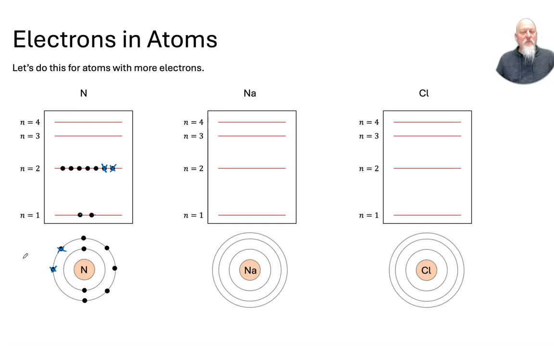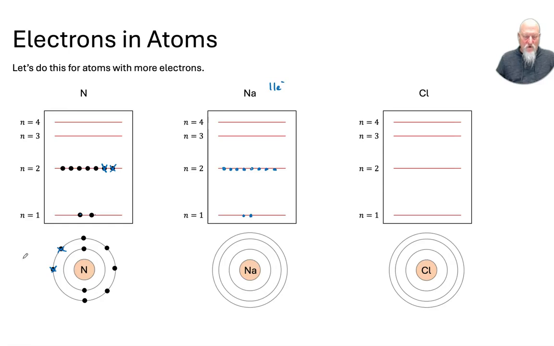What about sodium? Sodium has an atomic number of 11, so that means we have 11 electrons that we need to place. So 2 of them go in the n equals 1 level, and then 8 of them can go in the n equals 2 level. 2, 3, 4, 5, 6, 7, and that gives us 10.